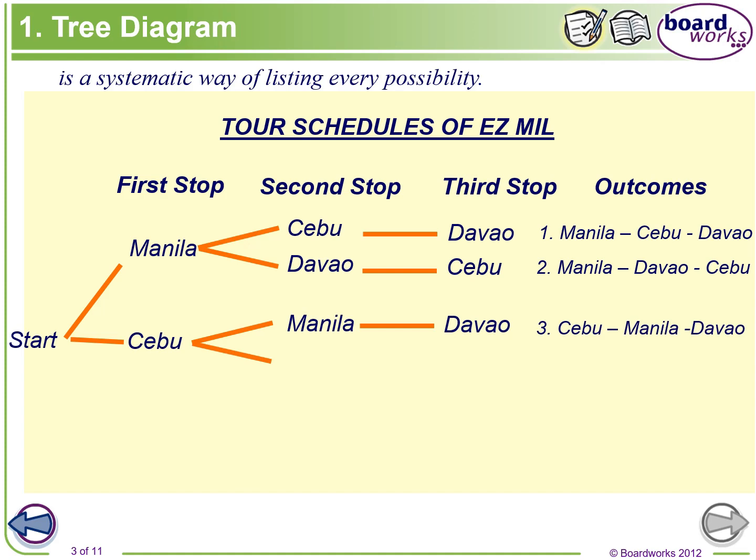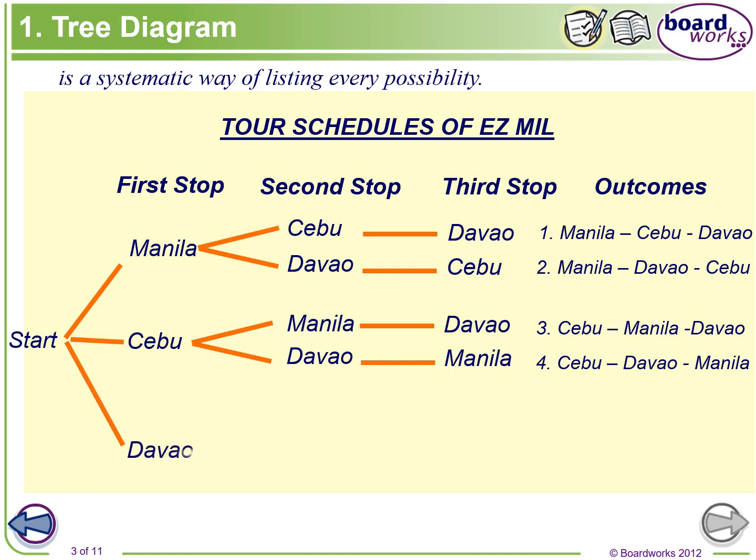Or the second stop could be Davao while the third stop is Manila. So that would be Cebu, Davao, Manila. Or you can have the first stop in Davao, the second stop in Manila, and the third stop in Cebu.